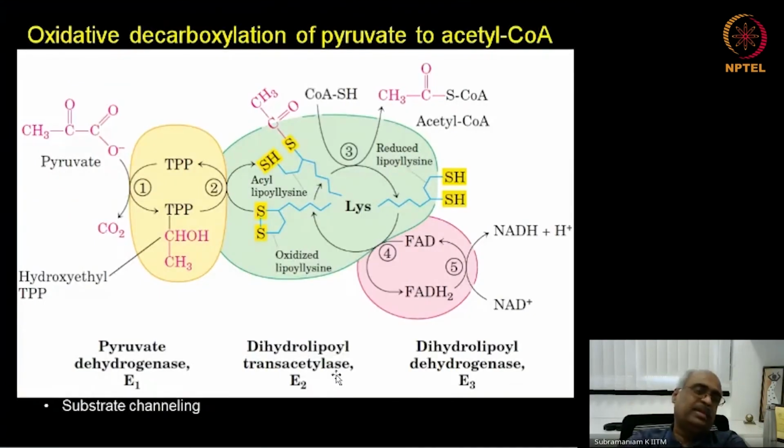Okay, so this is the reaction itself. It looks complicated, but it is exceptionally simple if you look through step by step. This is something we are already familiar with.